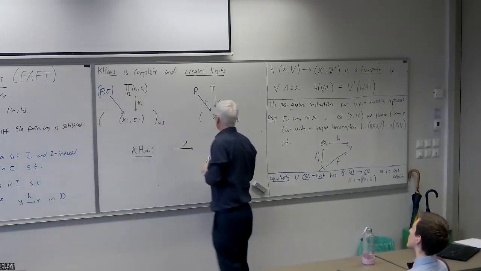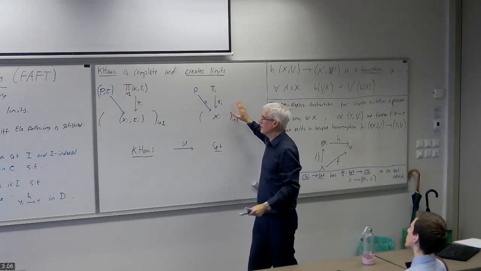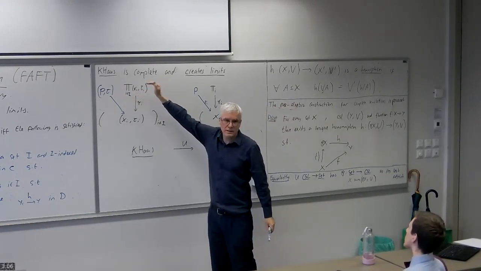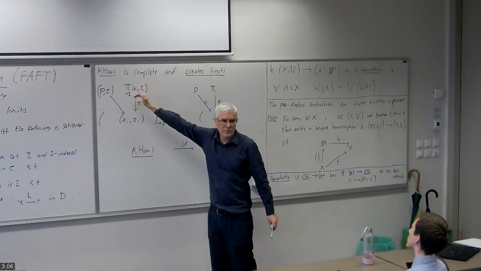So any limit cone here is the image of a unique cone up here. And moreover, that unique cone up here is a limit cone.